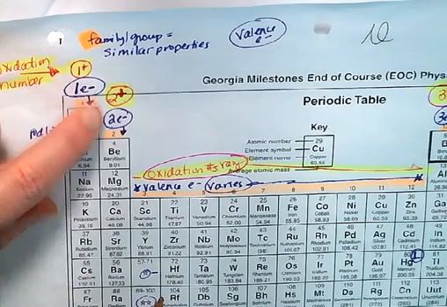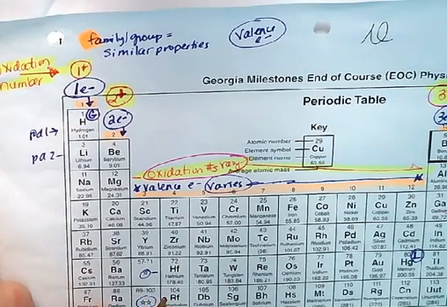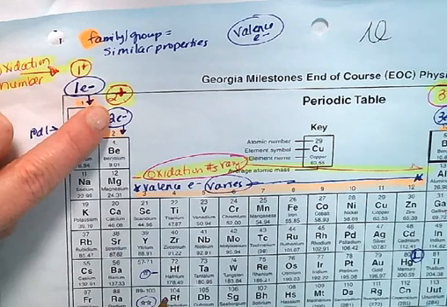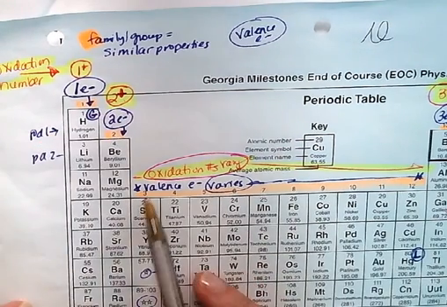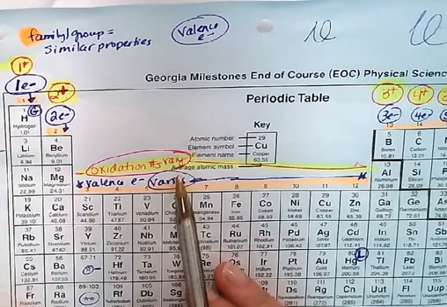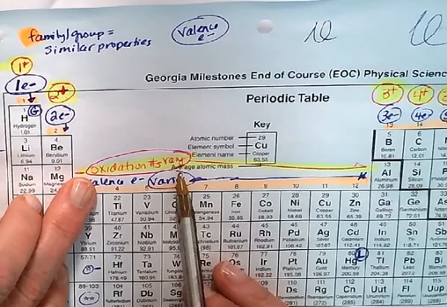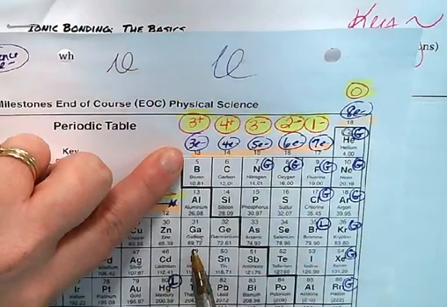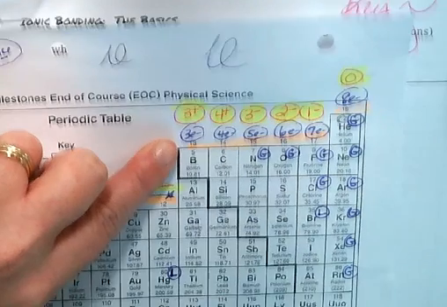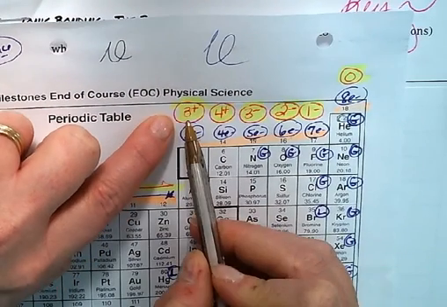Everybody in this family is going to lose 2 electrons, giving this family a +2 charge, and so on and so forth. Your transition metals right here, the oxidation numbers are going to vary. Family 13 is 3 plus. They have 3 valence electrons, and their oxidation number is 3 plus.